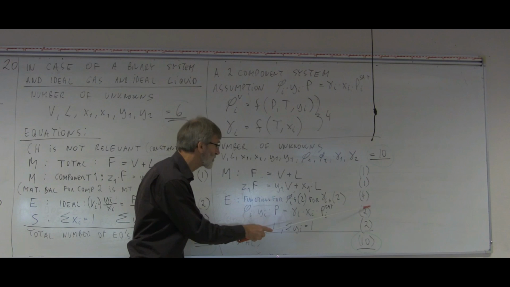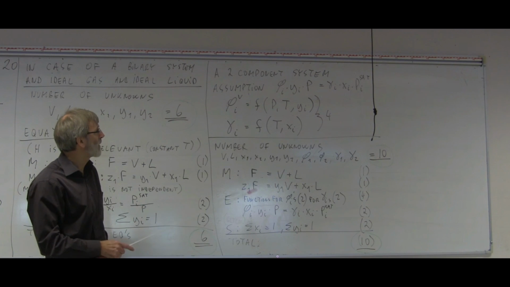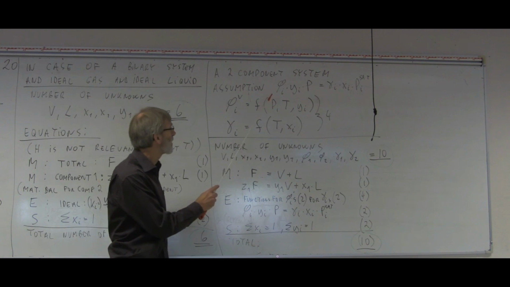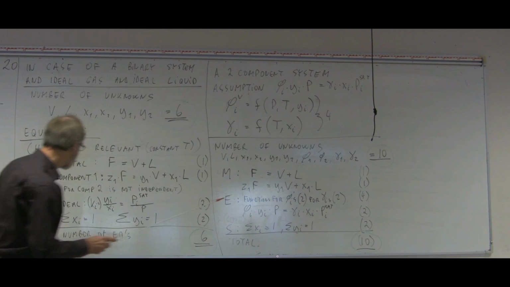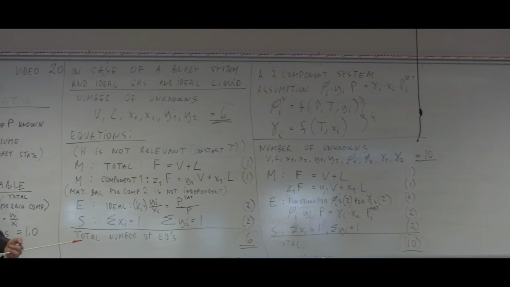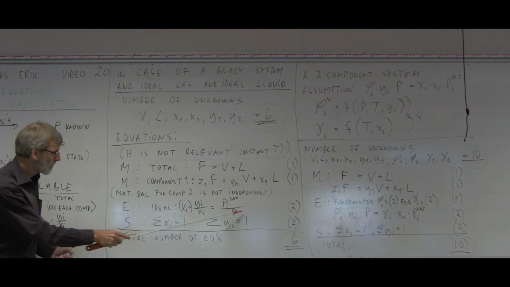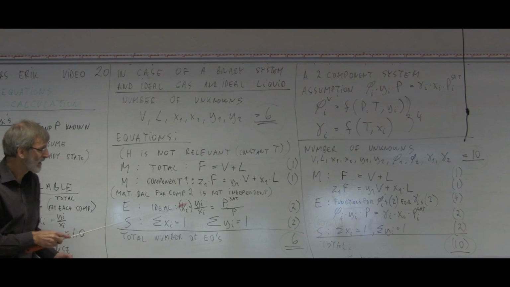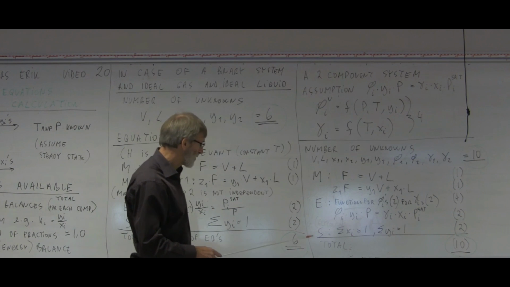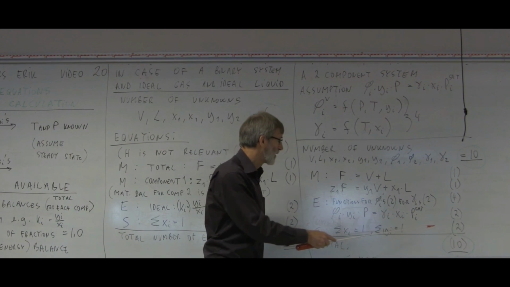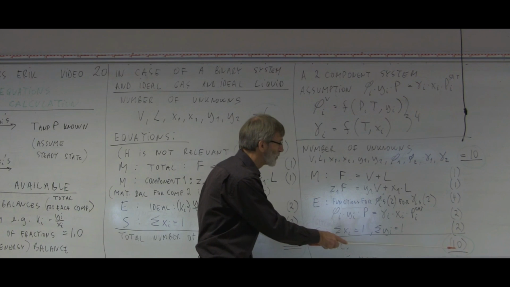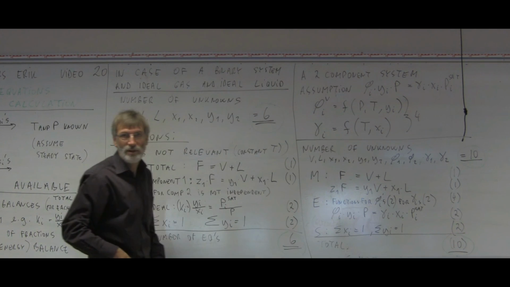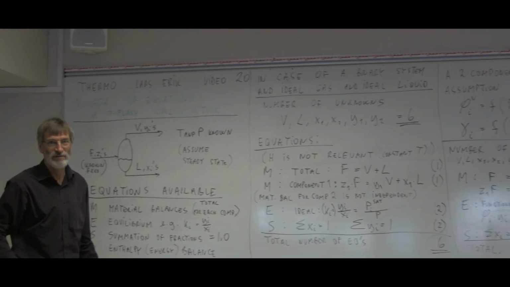Those are 4 functions, and we define the equilibrium by these equations. In the non-ideal case, we also have 2 independent summation equations, and that adds up to 10. So this is the end of video 20.